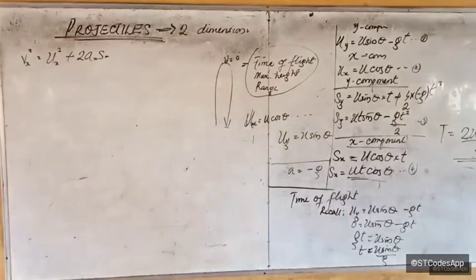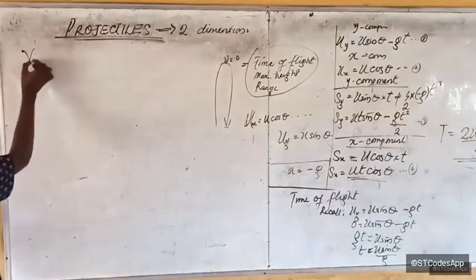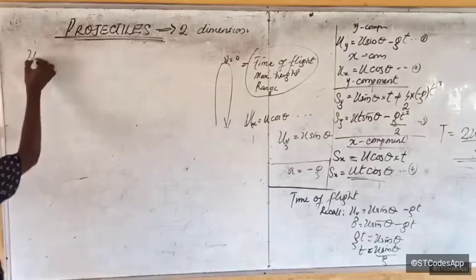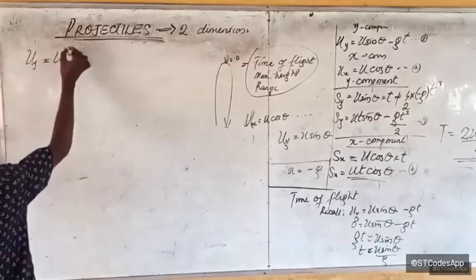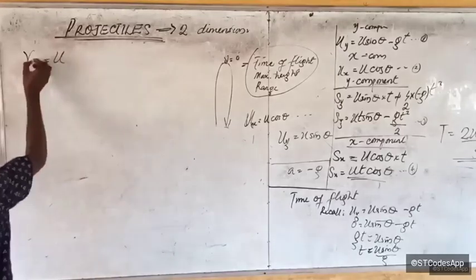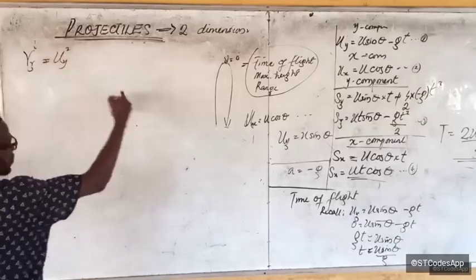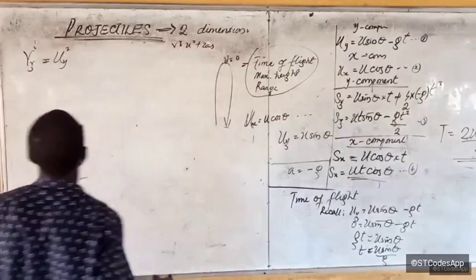Is that okay? Now, we can't use the x component. Why? Because a will be 0. So let's use the y component. So we have v sub y squared equals u sub y squared, coming from v squared equals u squared plus 2as.